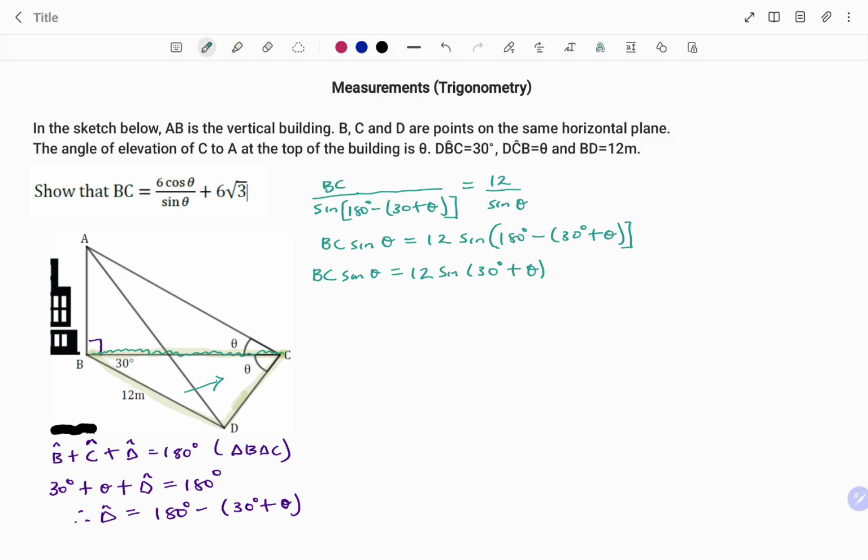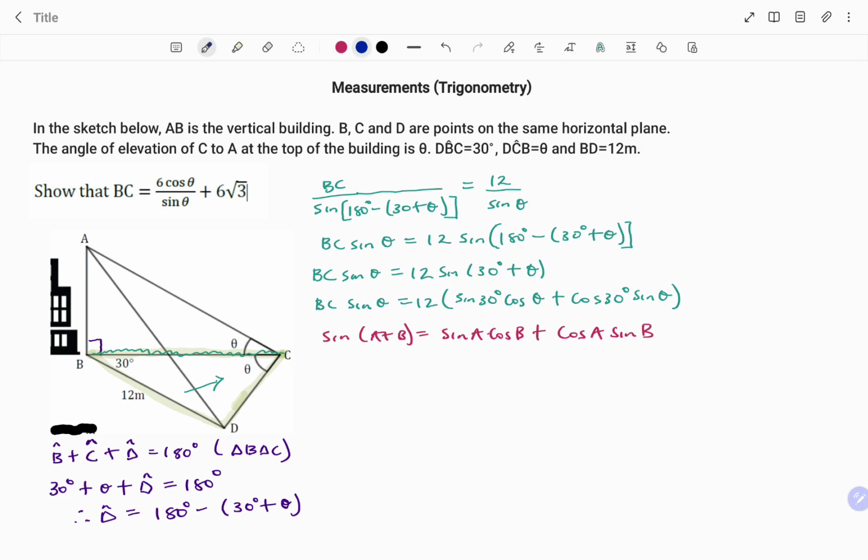And using our trig identities, we have BC sine theta equals 12. If we expand that, we have sine 30 cos theta plus cos 30 sine theta. I got that from sine (A plus B) equals sine A cos B plus cos A sine B.